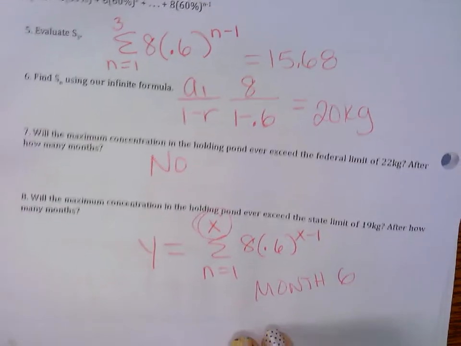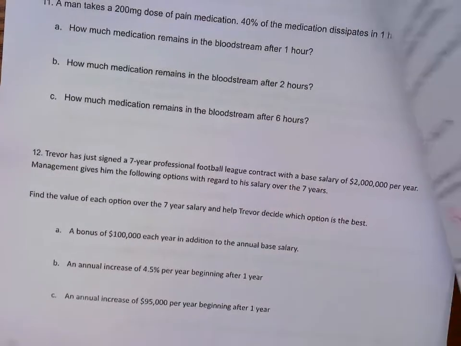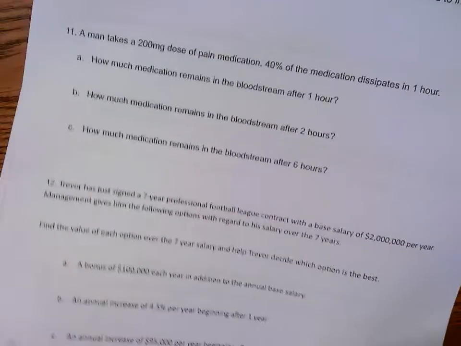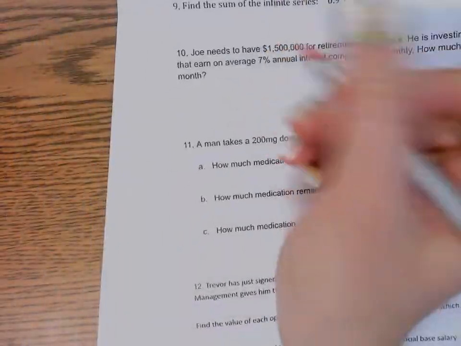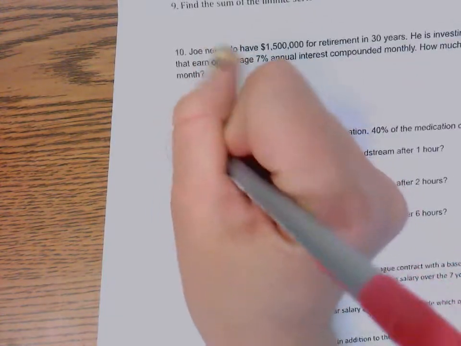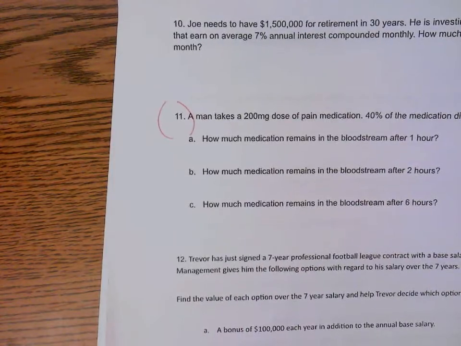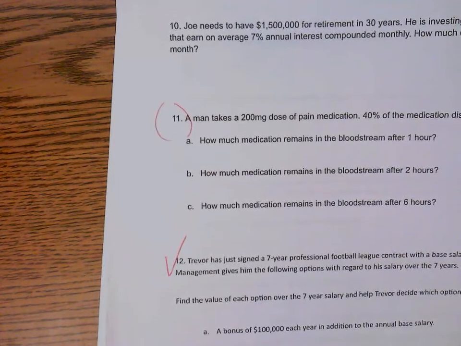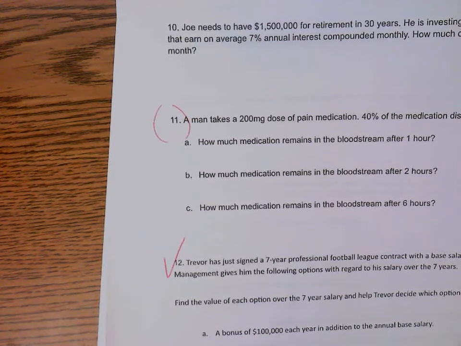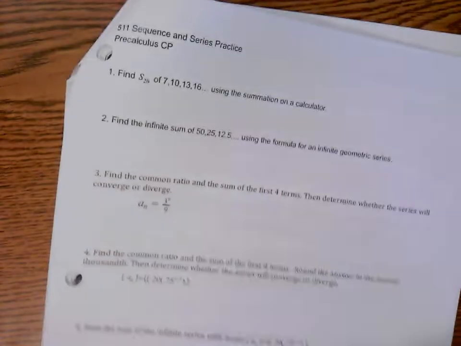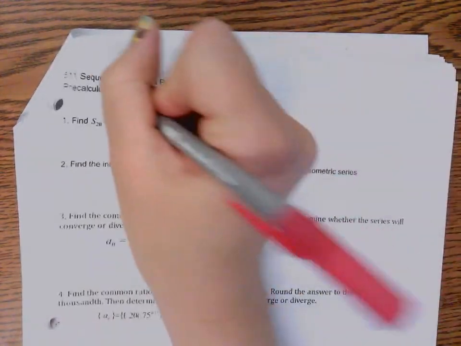So for the last 15 minutes, if you want to hold off on 11 maybe, I feel like 12 is a good one though. I'm not going to focus too much on application. If you focused on kind of the front page of the sequence and series practice, I don't know why I put CP, but I used it for CP as well.